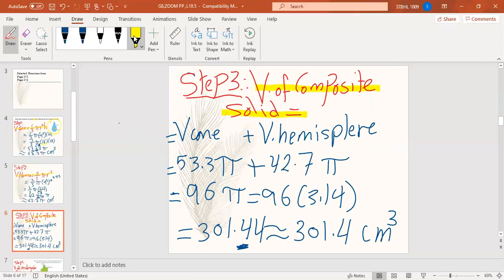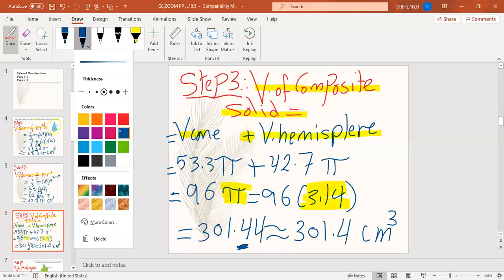Composite solid means the solid which is composed of the cone plus the hemisphere, which is 53.3 pi plus 42.7 pi, equal 96 pi. And then we will substitute finally pi equal 3.14. We will get 301.44, and we need to round.